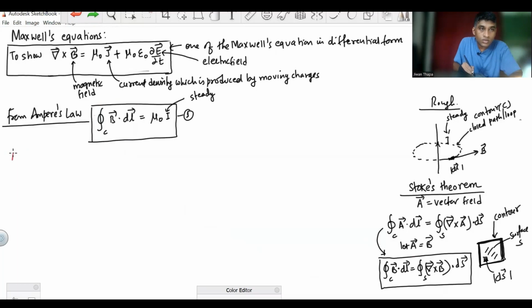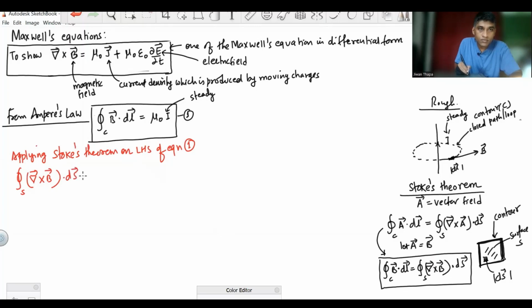So I'm writing applying Stokes theorem on left hand side of equation 1, we can write in this way. Mu naught, and we have I.